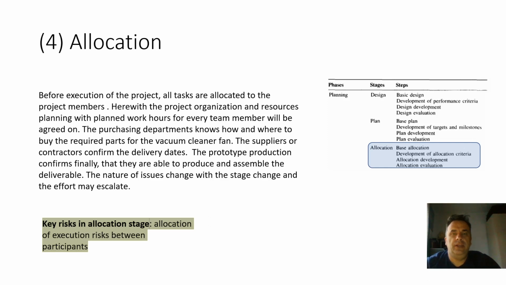We also make a resource capacity planning for the execution phase to see if there can be any bottleneck expected or not. The suppliers support the delivery dates. Production workshop confirms also. We go further to the execution phase.